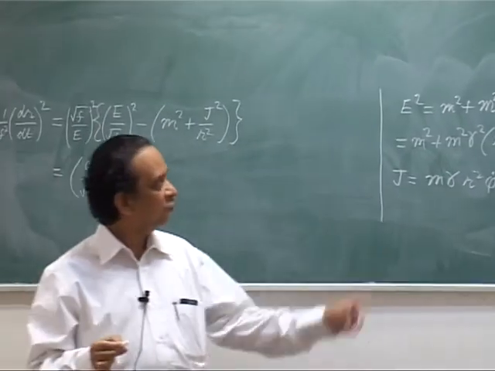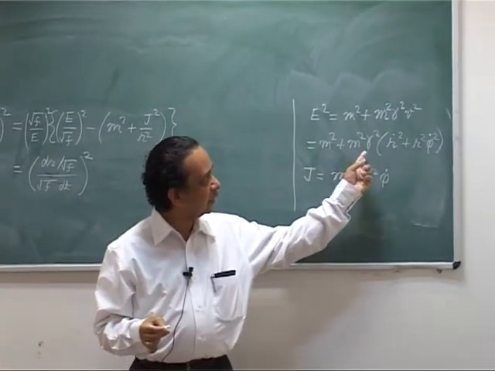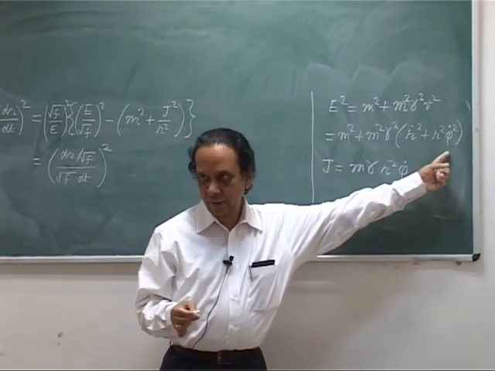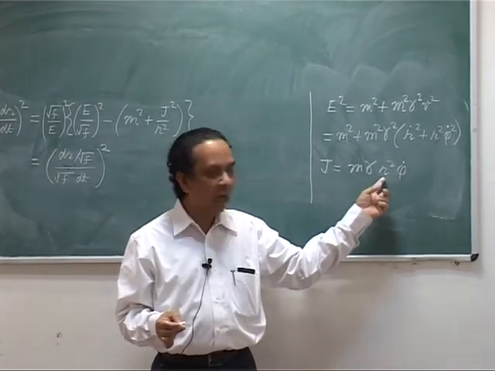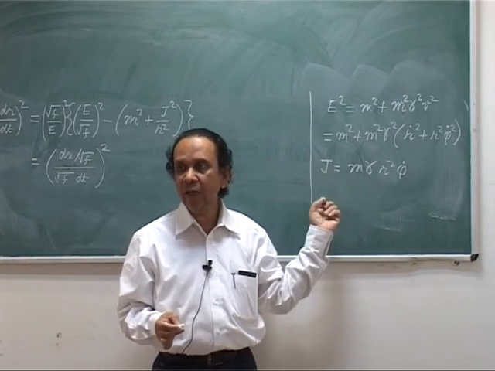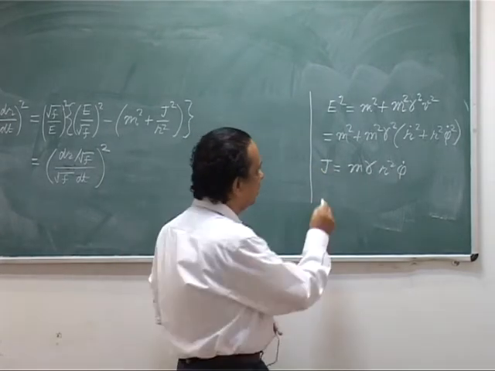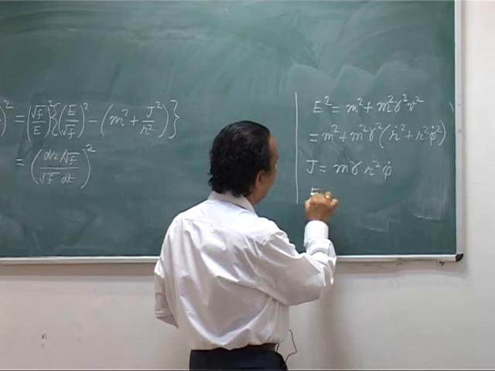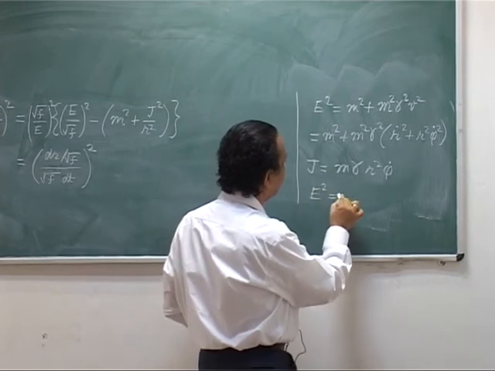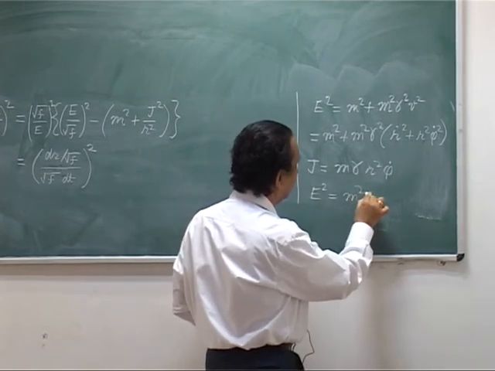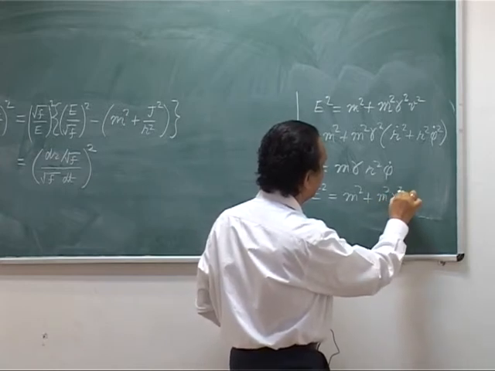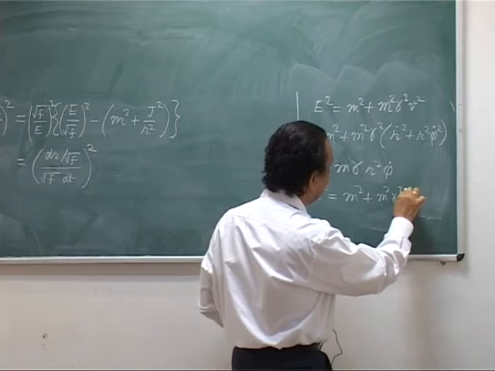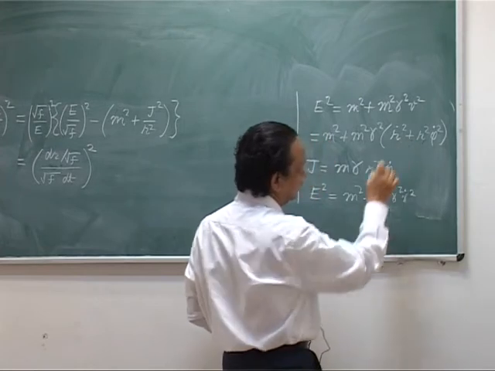So, if you look at this, you have an m square gamma square r square phi dot square. So, it is almost like j square, except that will give you an r to the fourth. So, it is j square upon r square. So, that E square can be written as m square plus m square gamma square r dot square, that term I do not change, the first term.